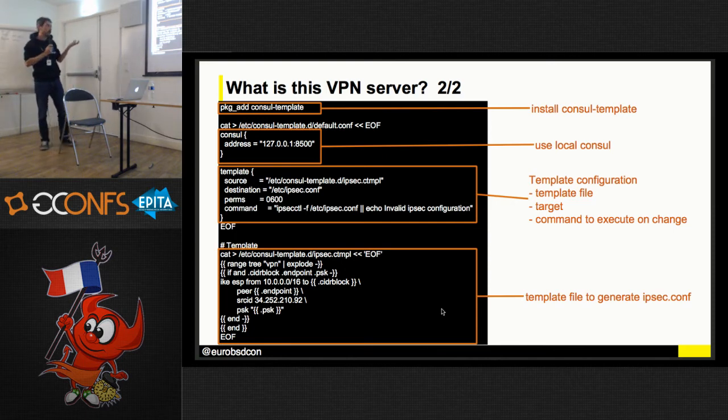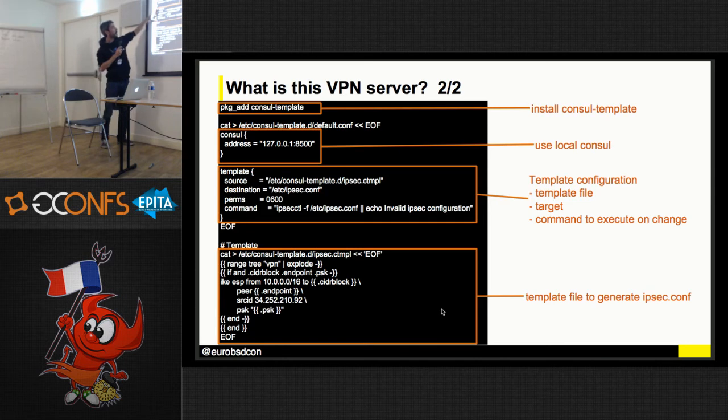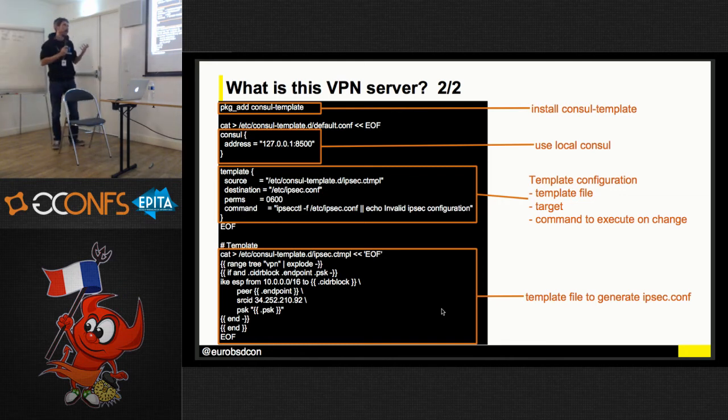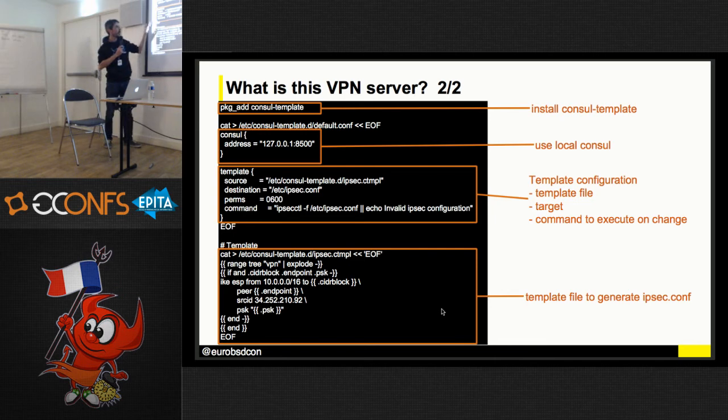We also install a console agent on the VPN machine. Then there's this template configuration: I have an IPsec template file, and when you have keys inside console that match this template, you generate the ipsec.conf file. When the file changes, you run this command, which reloads the IPsec configuration.